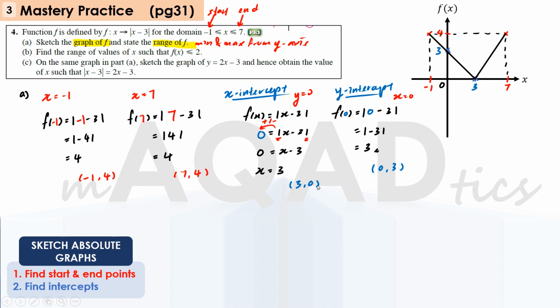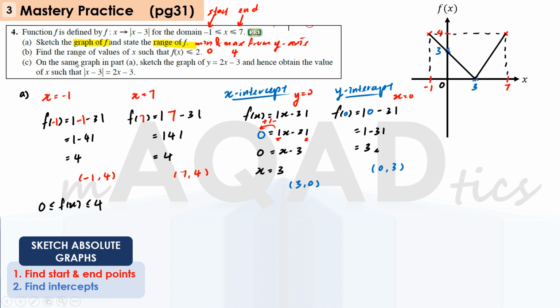So the minimum value is 0. Then our maximum, let's look to the top. This is our maximum value of y, which is 4, the y coordinate of the starting and ending points. This means that f(x) is between 0 and 4. This is our answer.